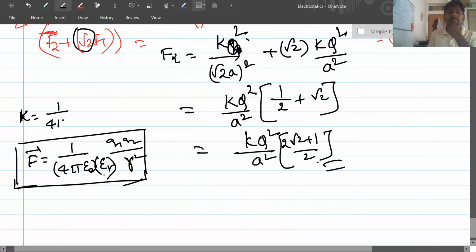When it is kept in another medium, or placed in any medium, then we need to consider the relative permittivity of the medium, epsilon r.